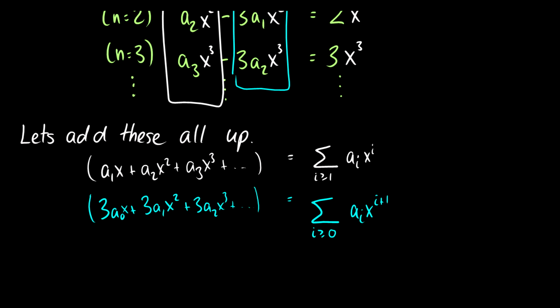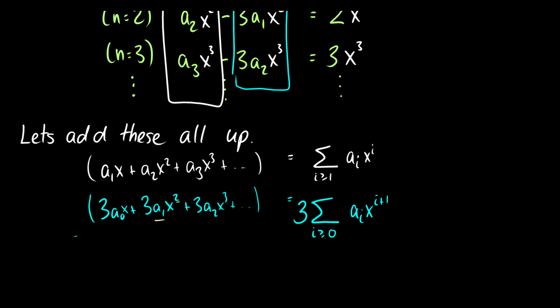Because here we have a1 and x squared. And this whole sum is just multiplied by 3. So really, what I just did here was I just factored out the 3 and went from there.